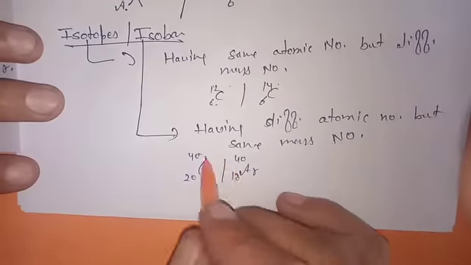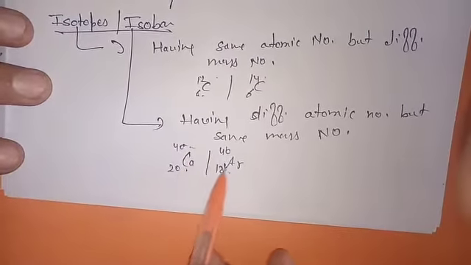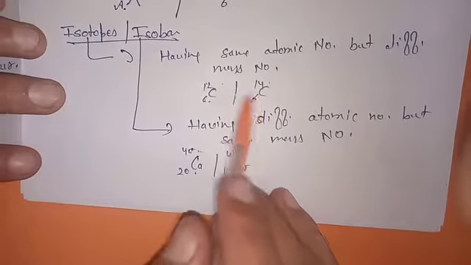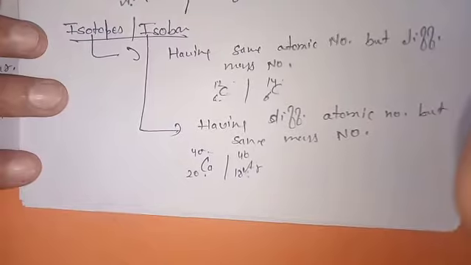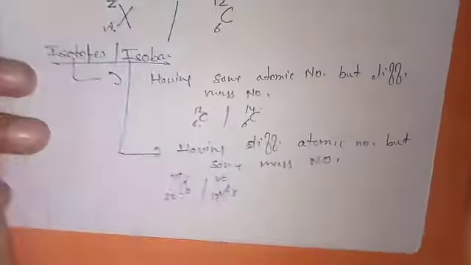So their mass number is the same. In the case of isobars we compare two different elements, but in the case of isotopes you compare the same kind of atoms whose mass is different. That is the whole thing about isotopes, isobars, atomic number, mass number and the Rutherford model.